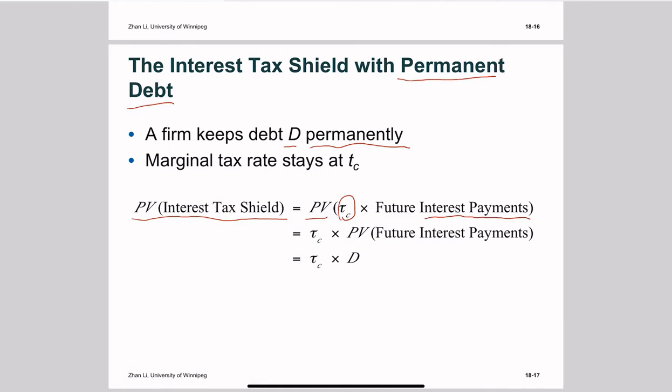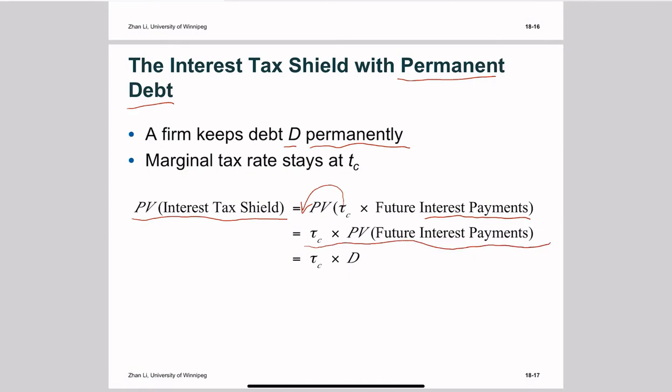Because we know that interest tax shield equals corporate tax rate times interest payments. However, if we assume corporate tax rate will not change, we can basically move this corporate tax rate to the front. And now we will get this formula.